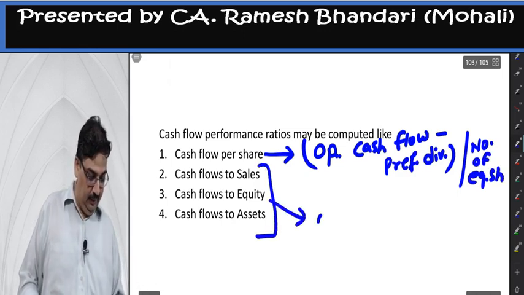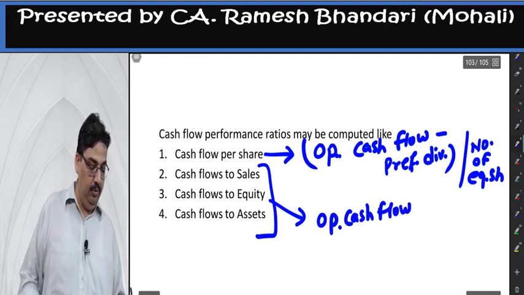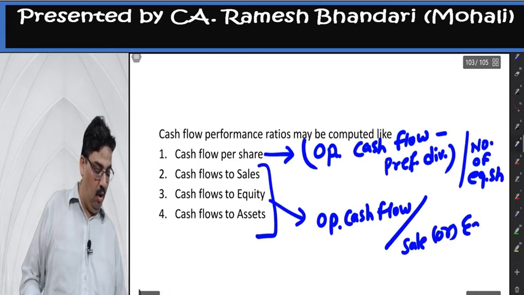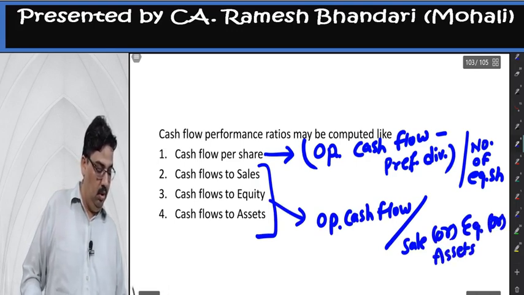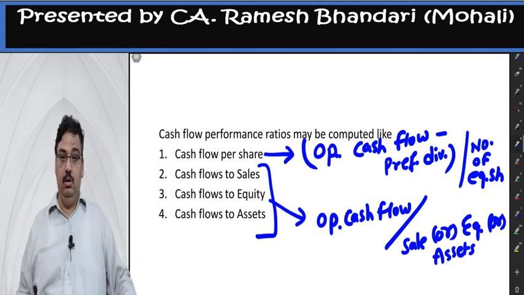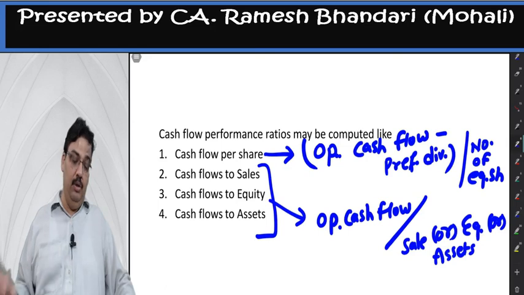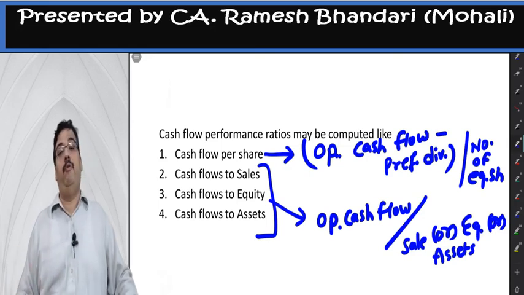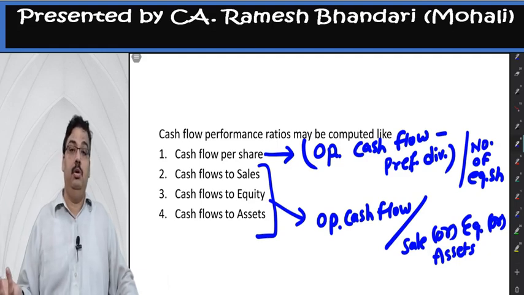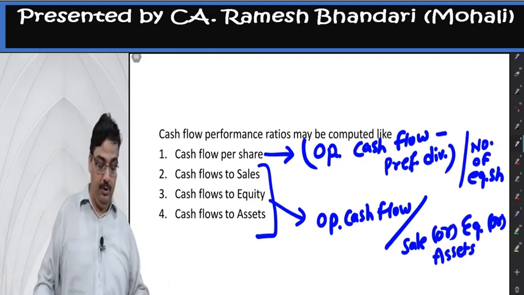In all the three, operating cash flow divided by sales or equity or assets. You can find these ratios and keep comparing with previous years or with other entities, and you can get some cash flow performance of your own entity. Or with budget, you can compare the actuals and you can get the cash flow performance ratios.